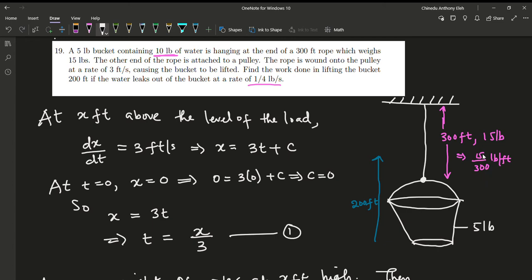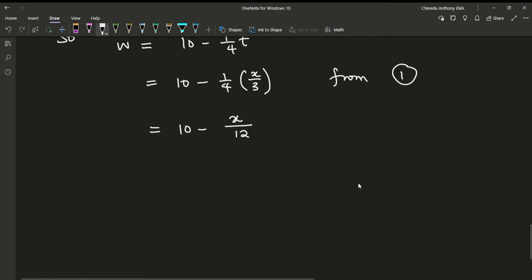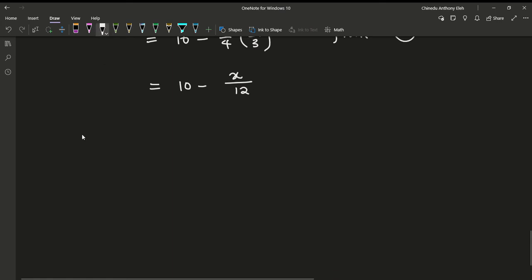So if you raise the rope x feet high, then you have 300 feet minus x feet of rope being raised up at x feet high, and that's exactly the load you are carrying on the rope.